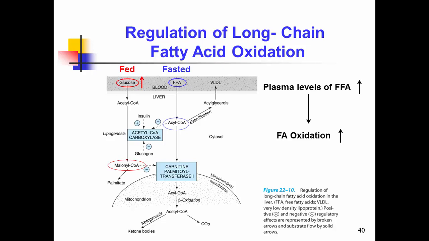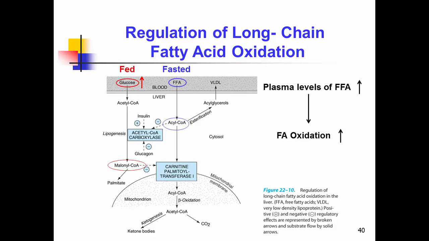So this is under the fed condition, right? So when we have a high blood glucose level after a meal, glucose will be oxidized through glycolysis to pyruvate. Under the fed condition it should be further oxidized.